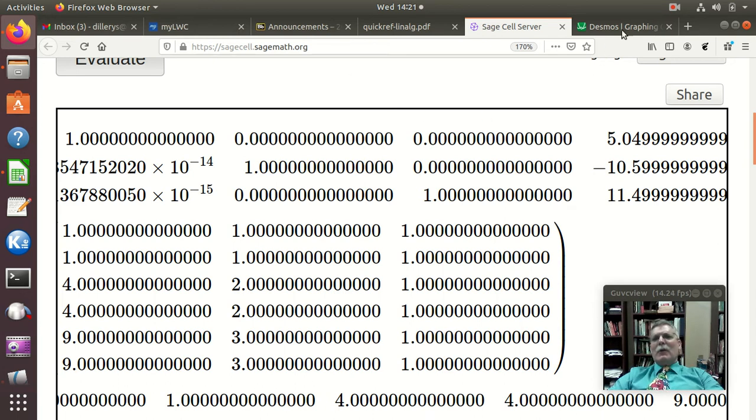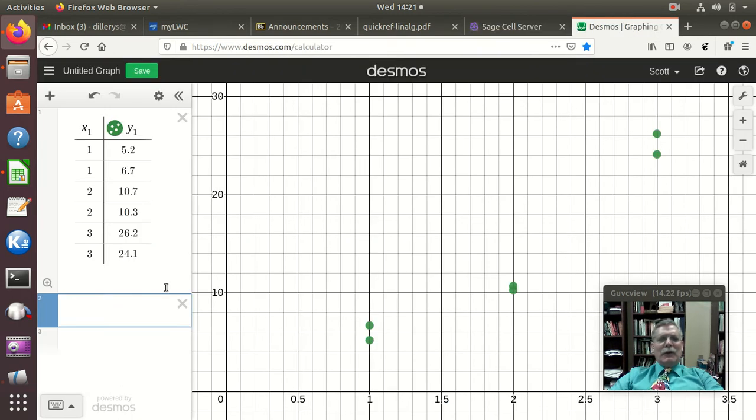But we can go check these things, right? So here's Desmos. And the way I can get this to fit that model is if once I have my data, notice they're named X1 and Y1.